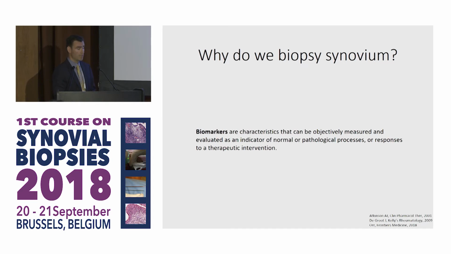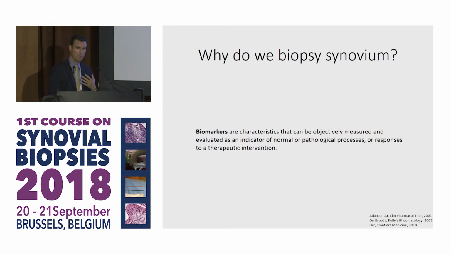So biomarkers are the key. They're the strongest, most optimistic methodology for addressing the challenges that I've outlined there. And we should think broadly about what we mean by the term biomarker, so I've put a definition up there. They're characteristics that can be objectively measured and evaluated as an indicator of normal or pathological processes or the responses to a therapeutic intervention.